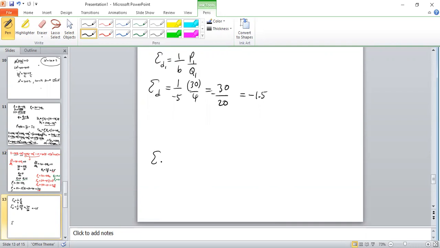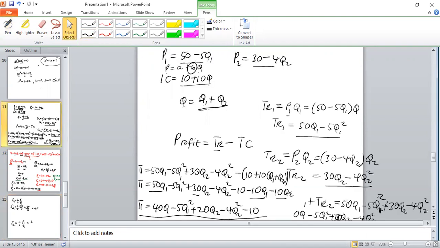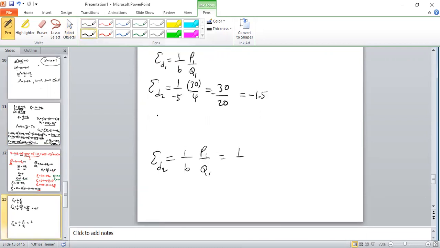Then you also do elasticity of demand for market 2, which is the same, 1 over B times P over Q, P2, Q2. So what's our B from the second equation? Negative 4. Good girl. So we are going to have negative 4.